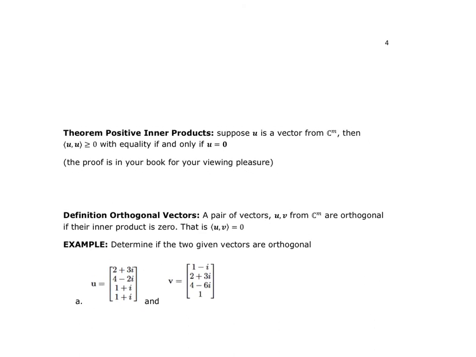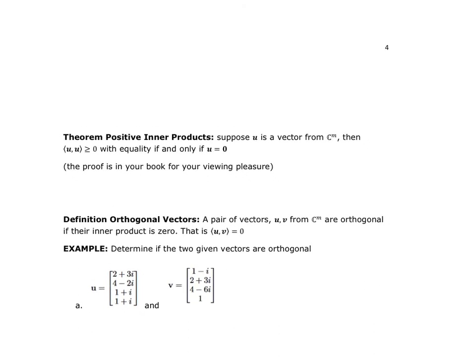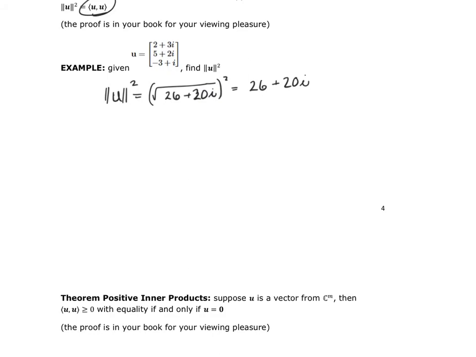Because u is a vector whose entries come from the complex numbers, when I do the inner product of itself with itself, it's always going to be greater than 0. And it makes sense, right, that something squared should be a positive number.